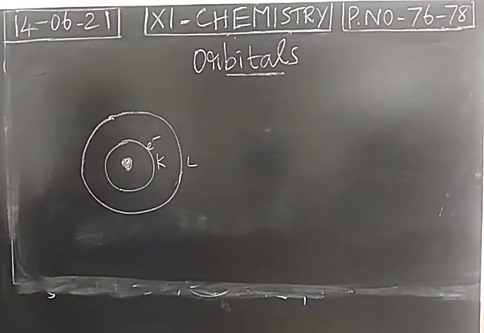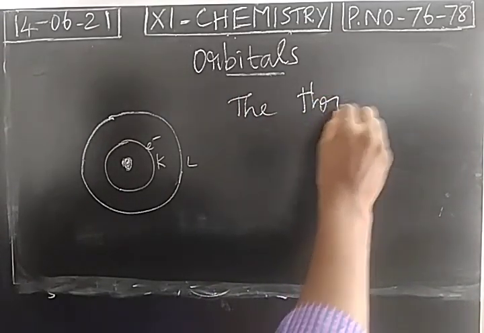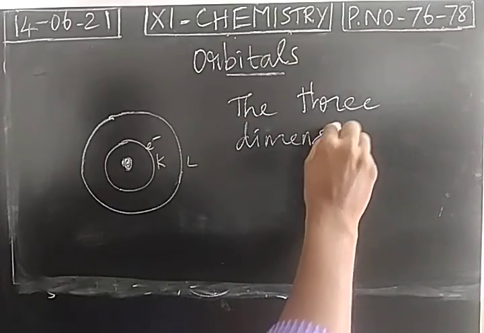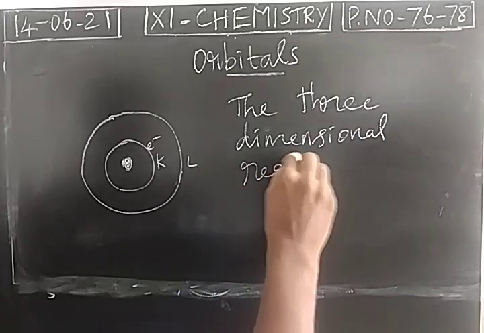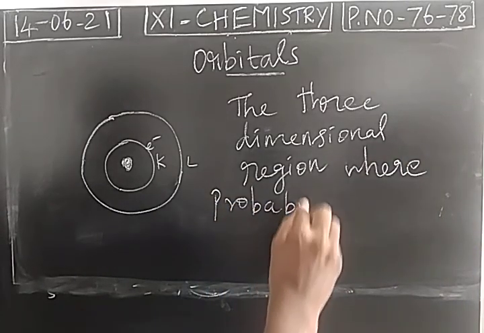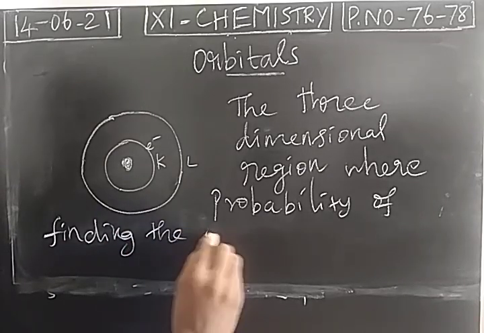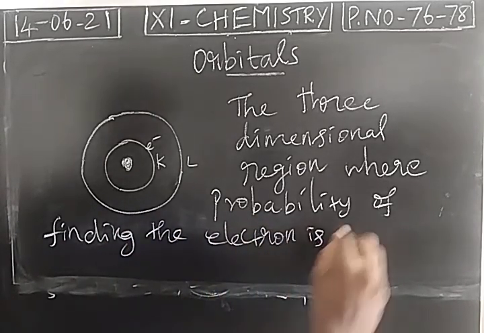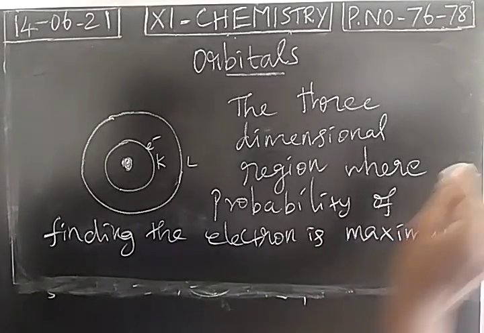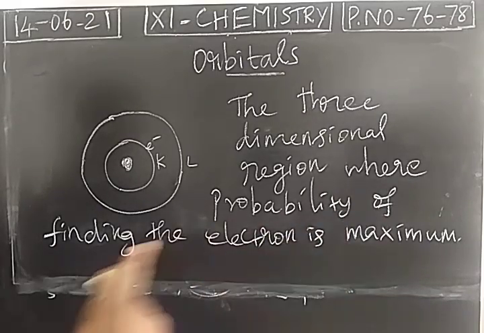So the definition of an orbital is a three-dimensional region of space where the probability of finding the electron is maximum.